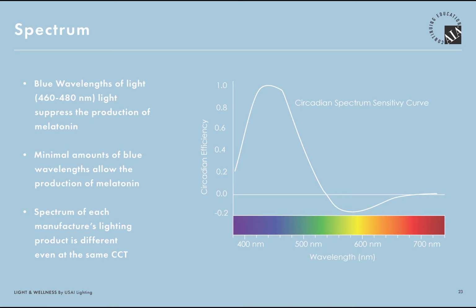When blue light is minimized, the body is able to produce melatonin, which assists you in going to sleep. You could think about the Apple night mode, the night shift mode that the iPhone has. Some of you may be using it. And what it does is it changes both the color and the intensity of the screen before you fall asleep. And that's to help your body to be able to produce melatonin.